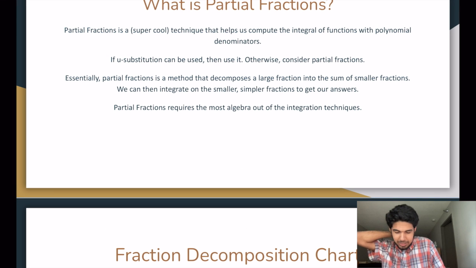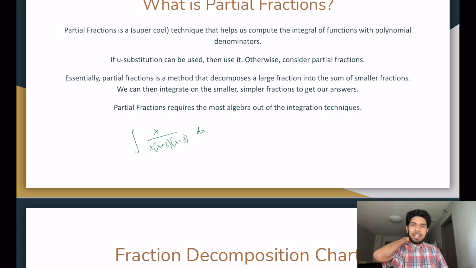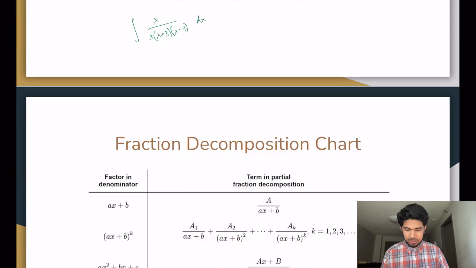So the idea is we take something like the integral of x divided by this quantity, and we see there are three factors in the denominator. So each one of those factors will produce one smaller fraction, which will sum together. So here we have three distinct factors in the denominator, so we expect to have at least three fractions that will sum up. But how do we get these fractions?